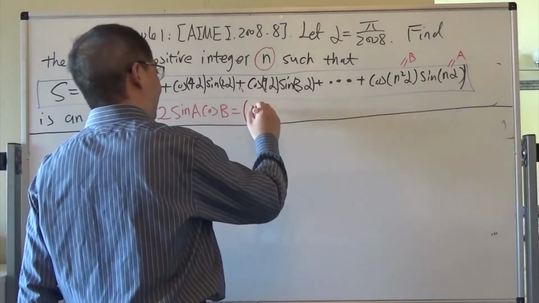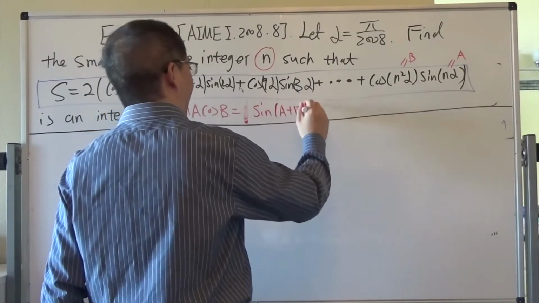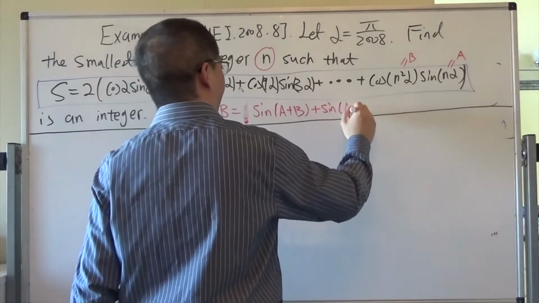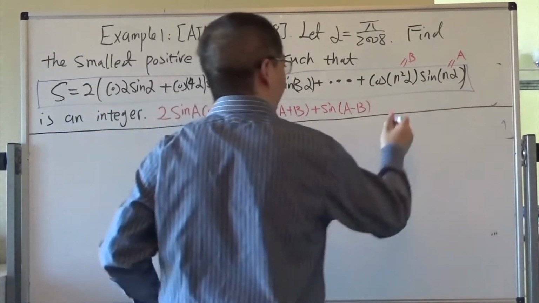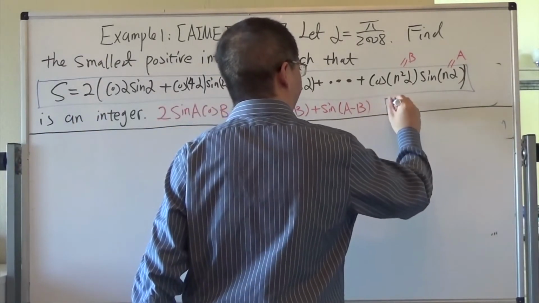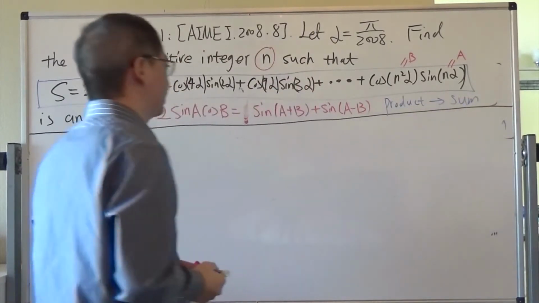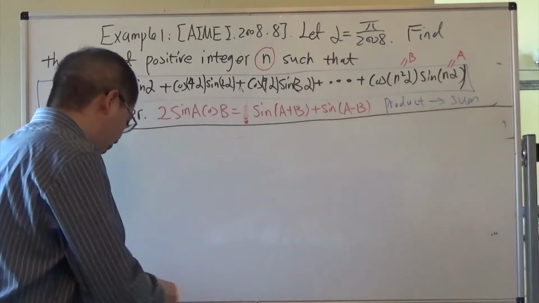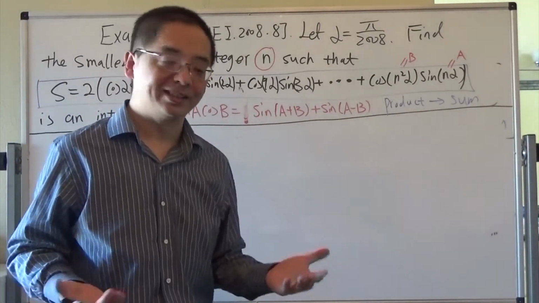We have sine of A plus B, plus sine of A minus B. This is product to sum. All right. Therefore, let's apply this to see what we can get.